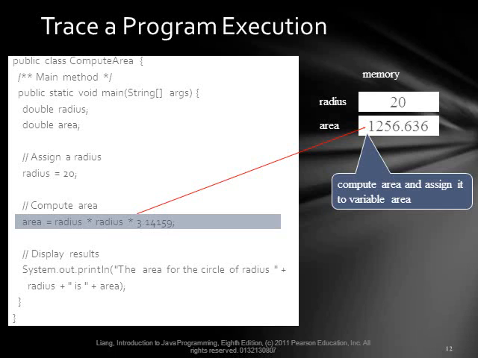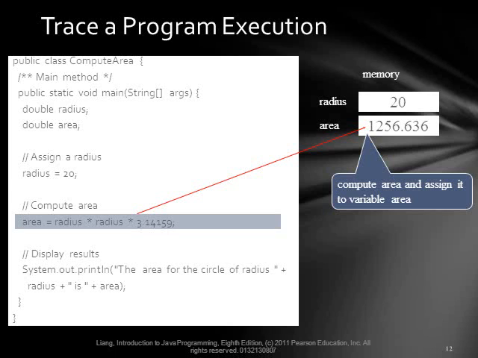Now we have an expression, an arithmetic calculation that we're going to go through. So we have the arithmetic of multiplying radius times radius, and then multiplying it by an estimation of pi. Once that calculation is all done, that result will be assigned to area.